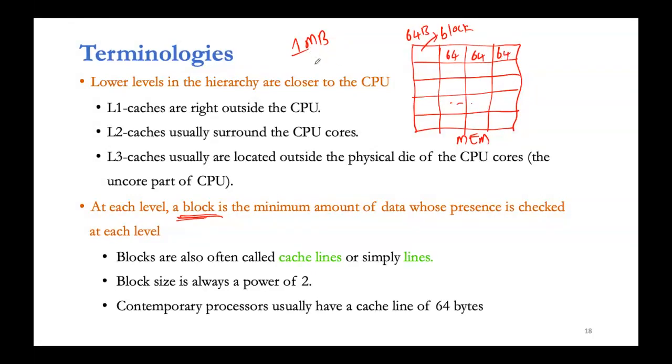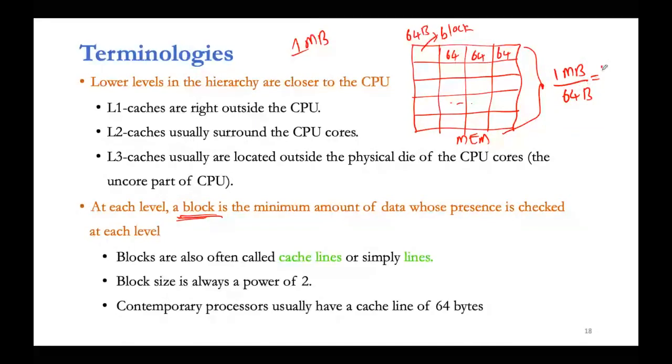For our example, if this main memory is 1 MB, how many blocks are there? 1 MB divided by the block size of 64 bytes generates 16K blocks, that is, approximately 16384 blocks.